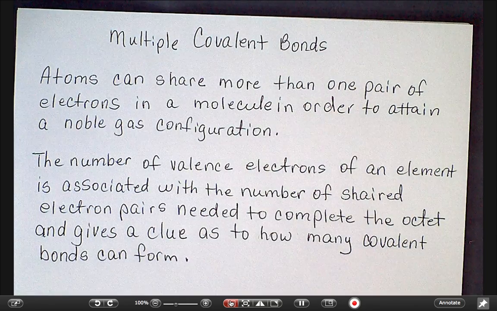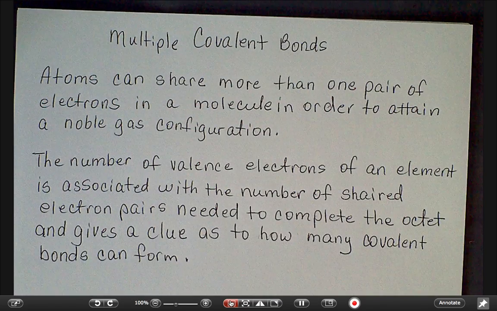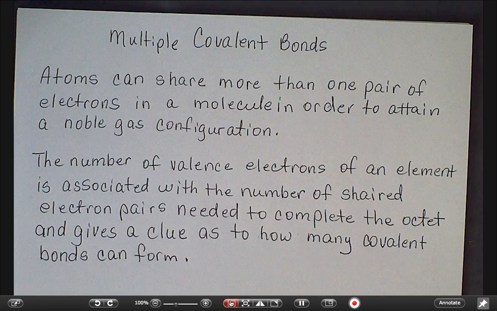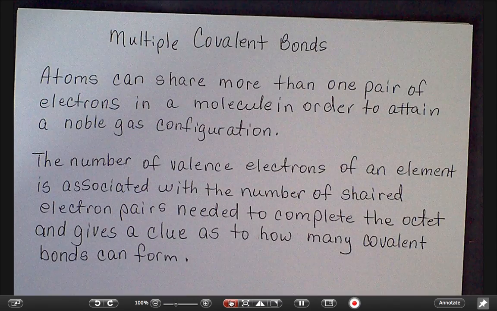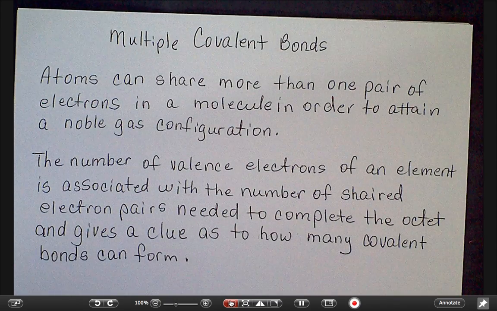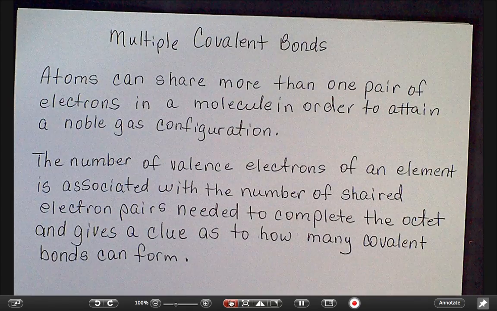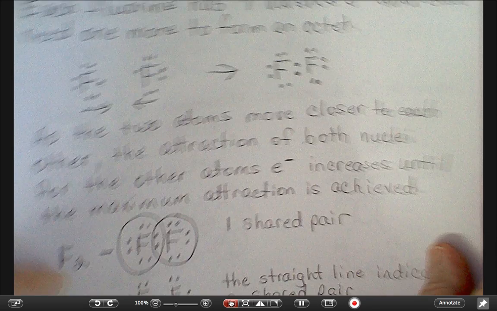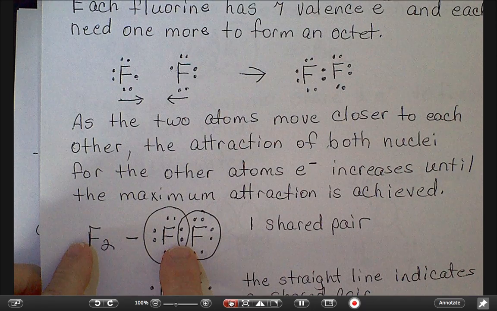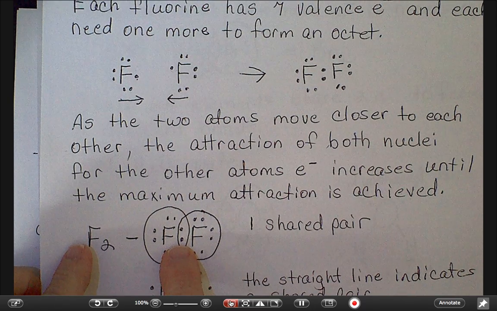That's like a run-on sentence, isn't it? I want to take you back to yesterday's diagrams that we did. And I want you to be sure that you understand. This is what we call a single covalent bond.